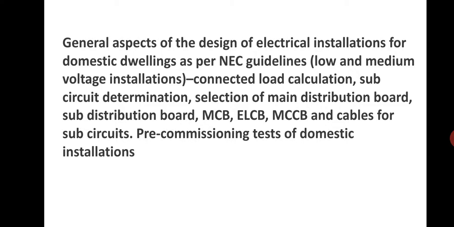See, the general aspects of the design consist of the general rules which are used for electrical system design. So what are the general rules? How the switchboards are to be installed from the floor level, how the wirings are being done in the ceiling.